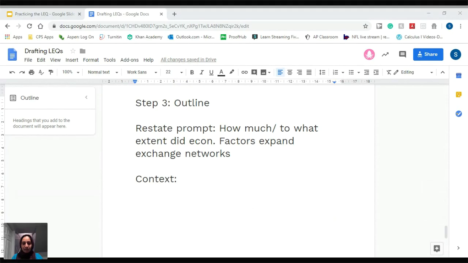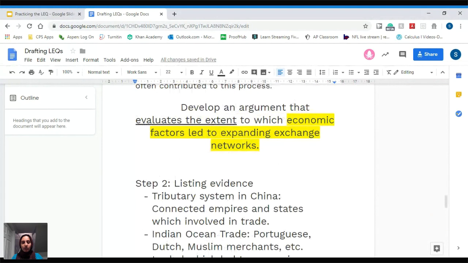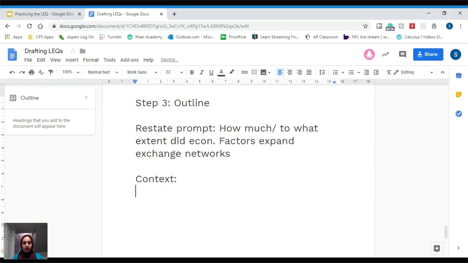The first thing that pops up in my mind is, when I think about expanding exchange networks, I mainly think about the Americas and Europe, because that was one of the biggest ones in this time period. So maybe we could talk about the age of exploration, because the exploration was eventually what led to this.